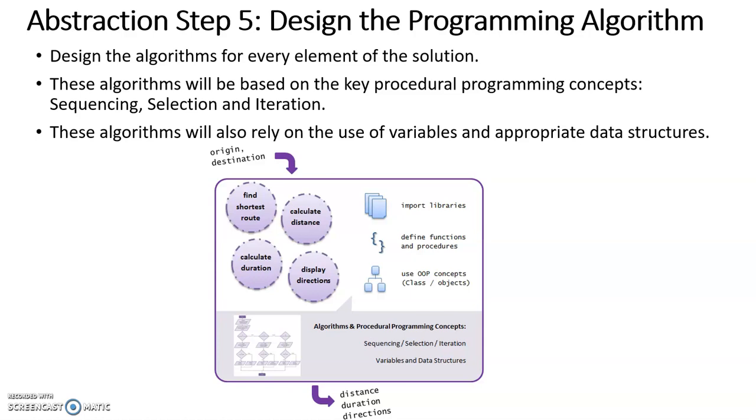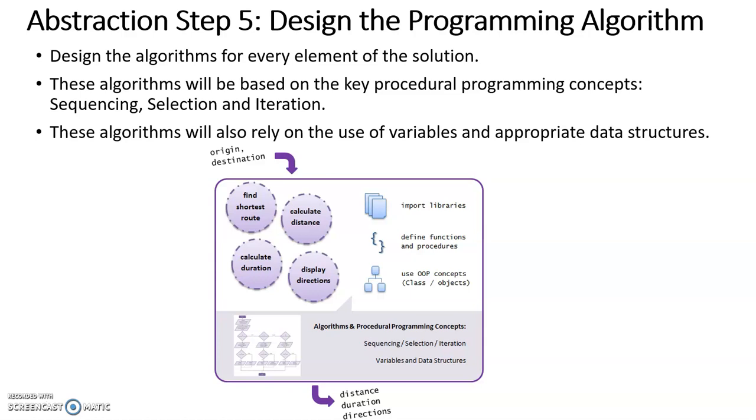Then the selection, which is making decisions: where should a particular program go based on a particular decision. Then finally, iteration: should something be done multiple times? You need to iterate a particular process, repeat it for some time till you get the desired result.